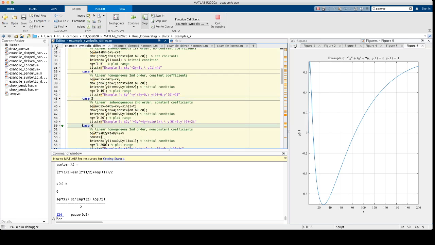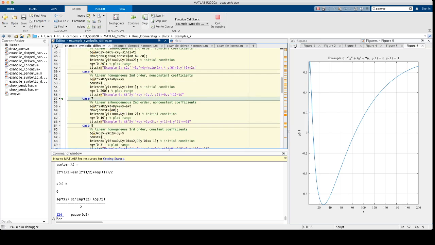Example 7 is a linear inhomogeneous second order equation with non-constant coefficients. It reads t squared times y double prime plus t times y prime plus 2 times y equals a times t. There is a single symbolic coefficient in this equation.